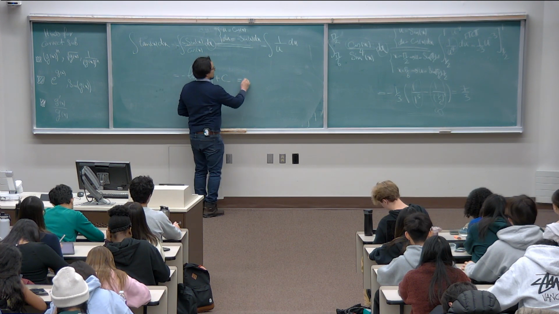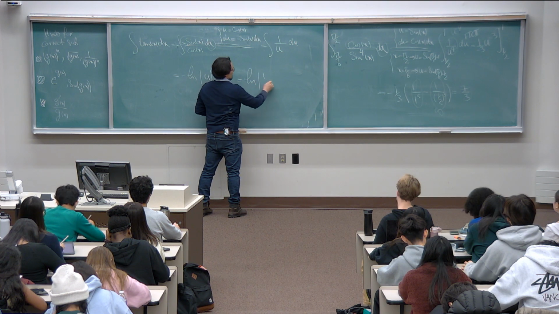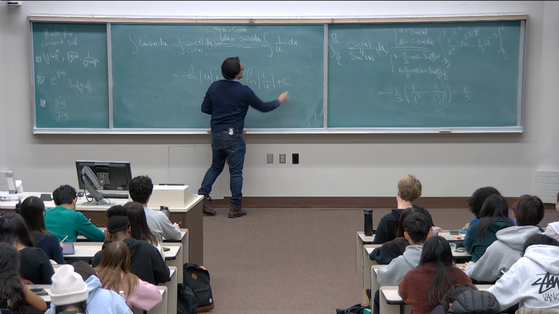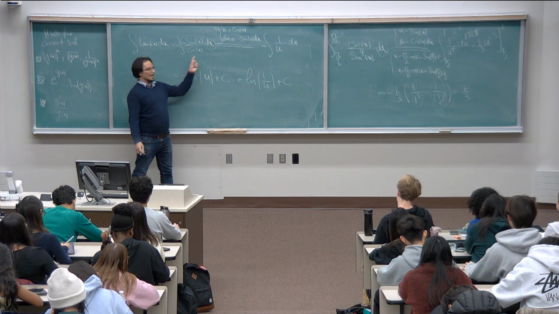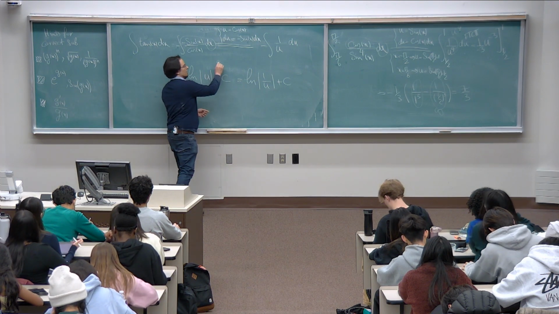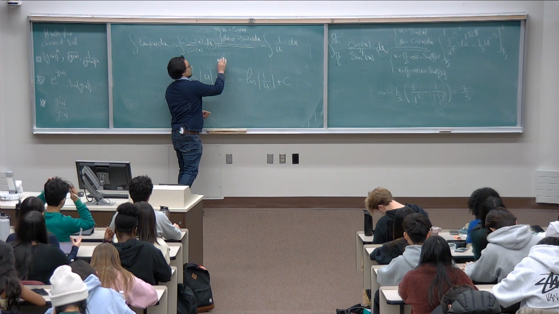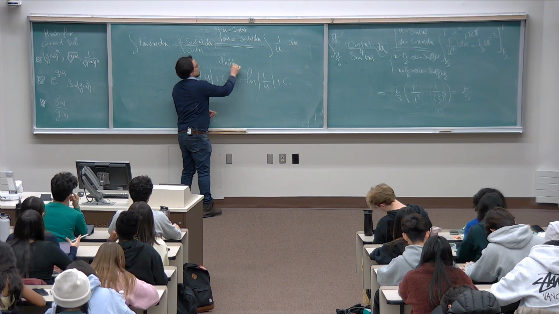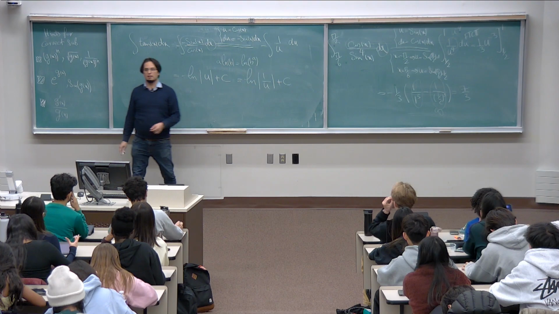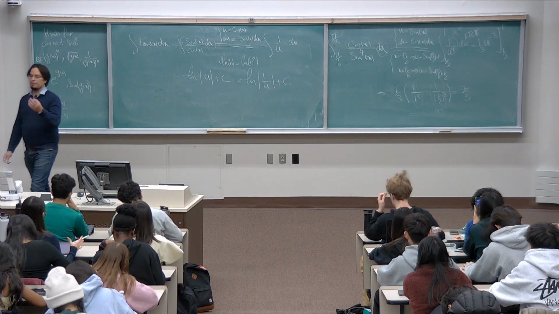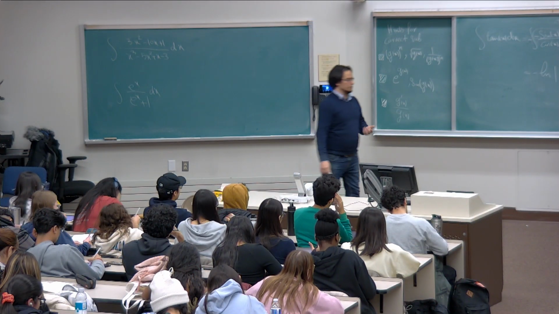Or in other words, why? Because I can bring this negative sign in, and it will become a power of u. And u to the power negative 1 is 1 over u.